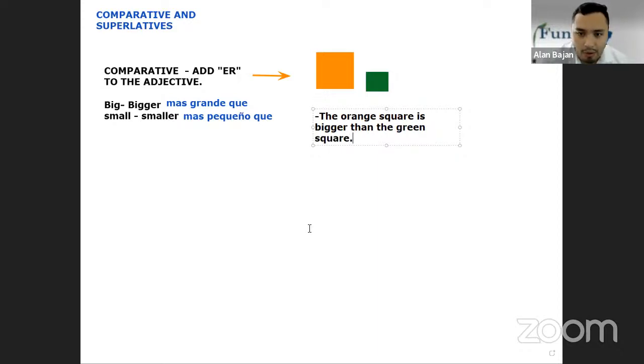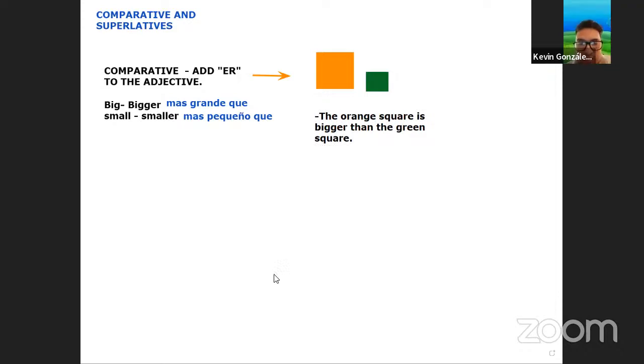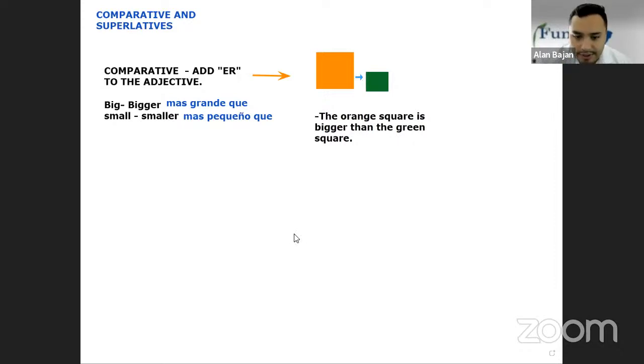The orange square is bigger than, we always use the connector than with comparatives, the green square.